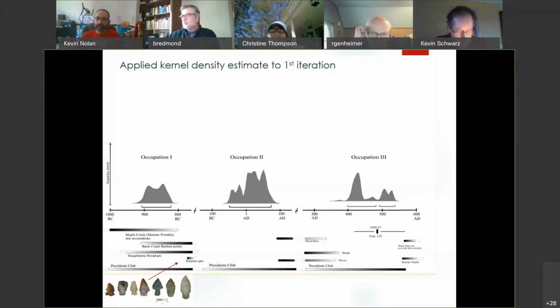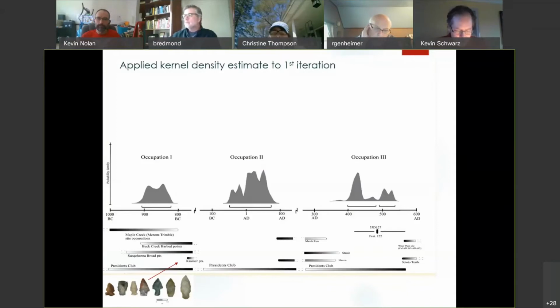One of the big problems I mentioned was the Kramer points, which are a stemmed projectile point in the Woodland period. Whereas they were found in occupation 1 at 2 different sites, they were completely outside of the range I was indicating. So that's telling me that either there's something wrong with the radiocarbon date.